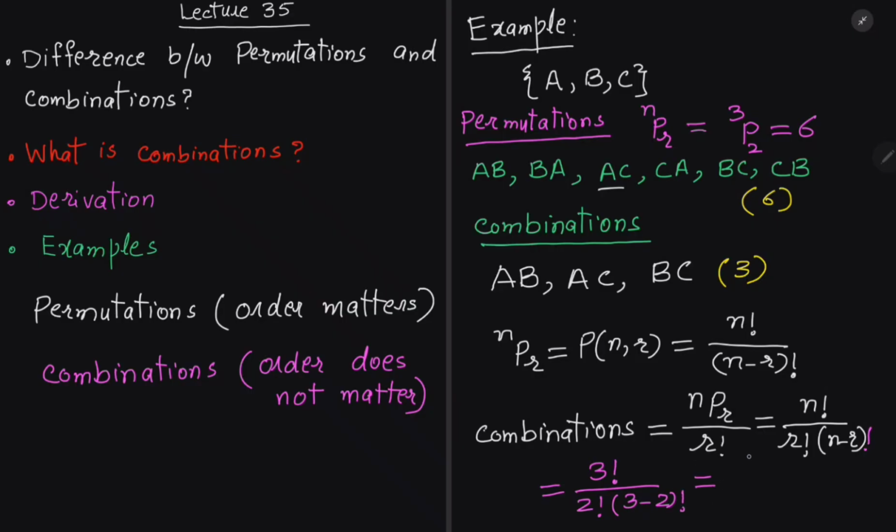So this will be equal to 3 factorial divided by 2 factorial and 1 factorial. 2 factorial will be cancelled out, and then we have 3 combinations, and you can see that we have 3 combinations for this particular example.